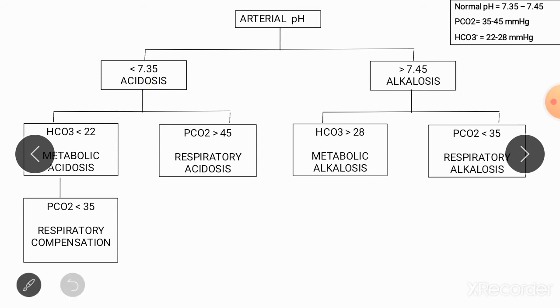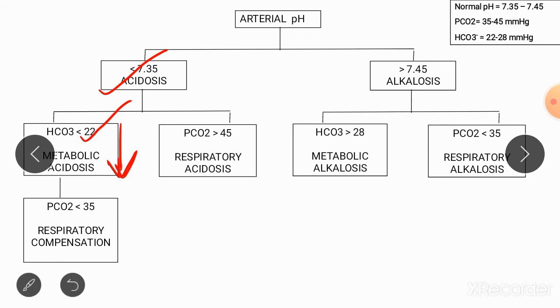Let me repeat. Once you have determined that the person is suffering from acidosis, and the cause of acidosis is metabolic and renal because of decreased bicarb ions, then immediately look at the value of partial pressure of carbon dioxide that has been given to you. If the partial pressure of carbon dioxide is reduced, then you can understand that yes, the lungs are compensating, and you can say that the person is suffering from compensated metabolic acidosis.